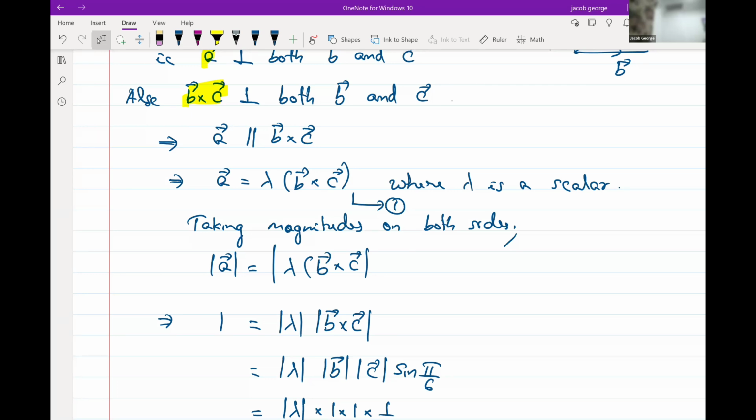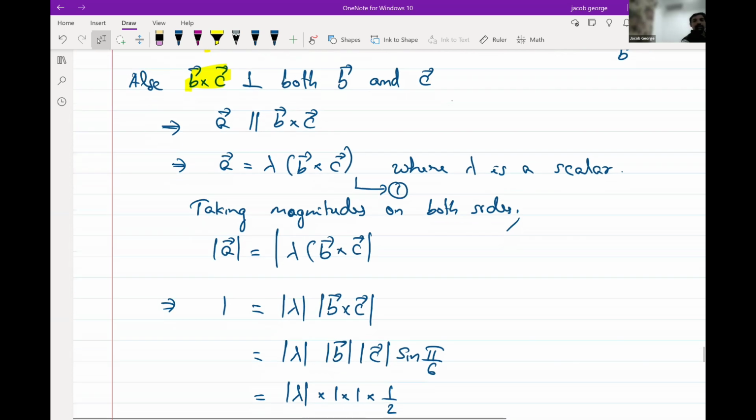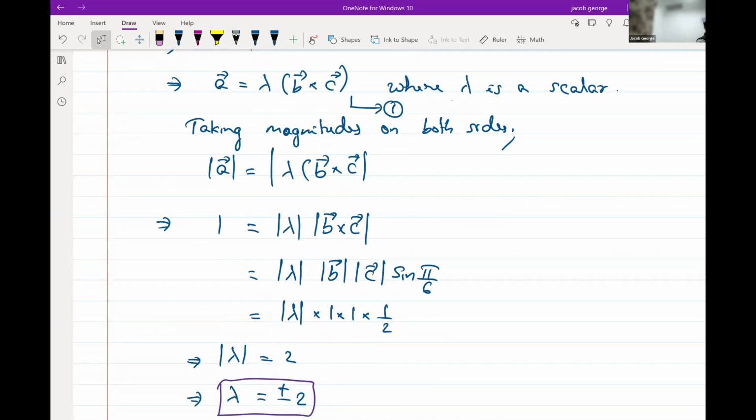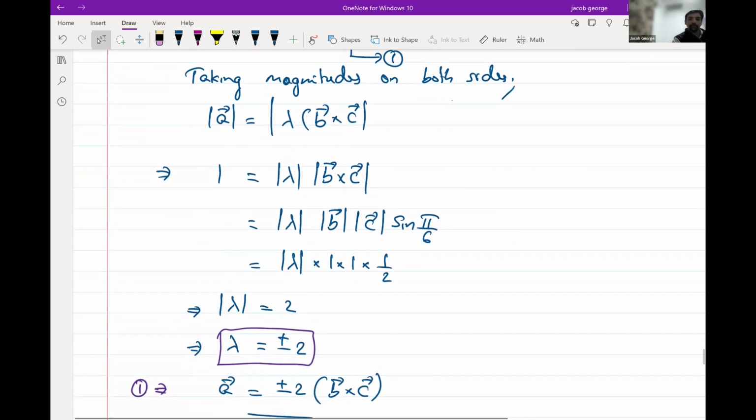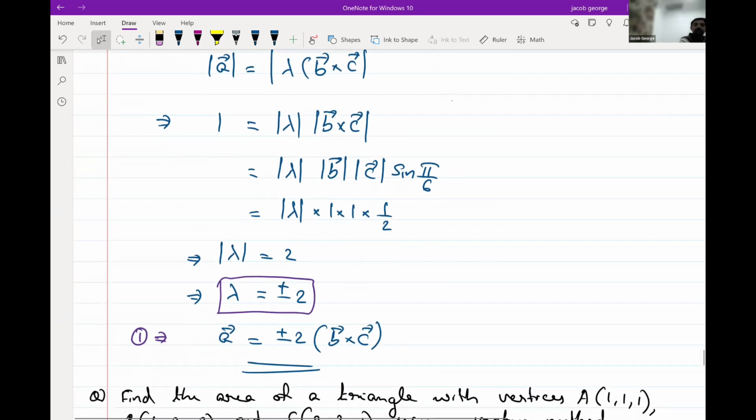This pi by 6 is given in the question, the angle between them. What is the value of sine pi by 6? Sine pi by 6 is 1 by 2. That is substituted. Then we get modulus of lambda is 2. So lambda is plus or minus 2. Okay, that we substitute back into the remaining part.